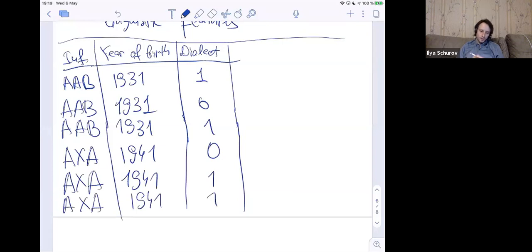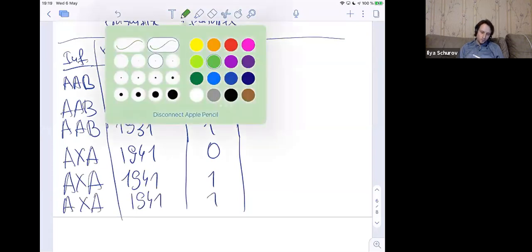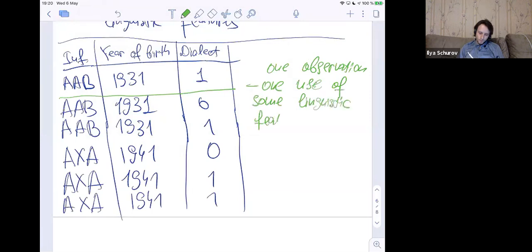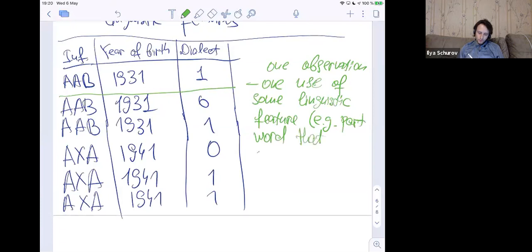Something like this. So each row, one observation, is one use of some linguistic feature, for example, a particular word that can be in two forms.